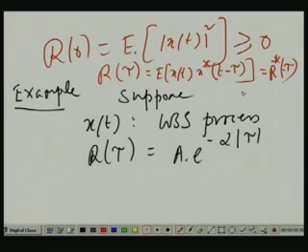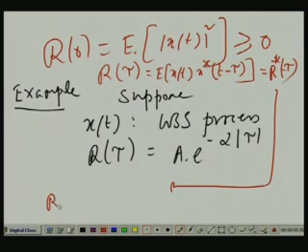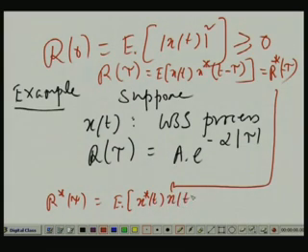Why? If you take the conjugate, I am working out here and then I will erase it. What is R star(tau) by this definition? Conjugate applied inside, so it becomes E of x star(t) x(t minus tau), and then you are making minus tau.